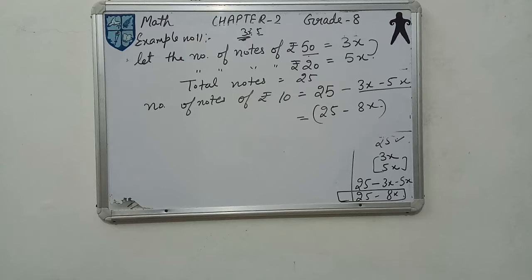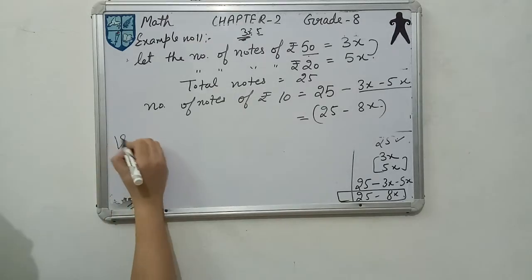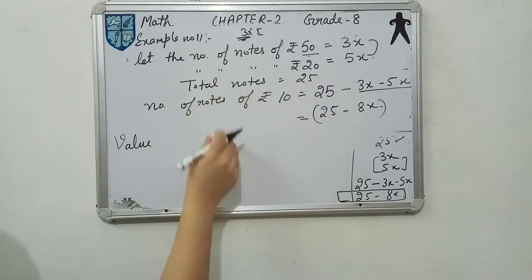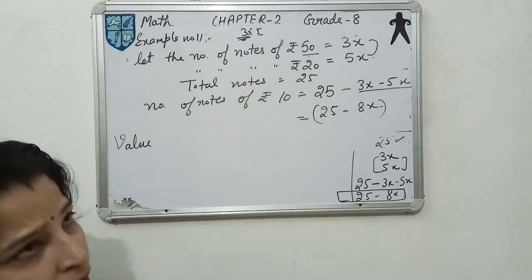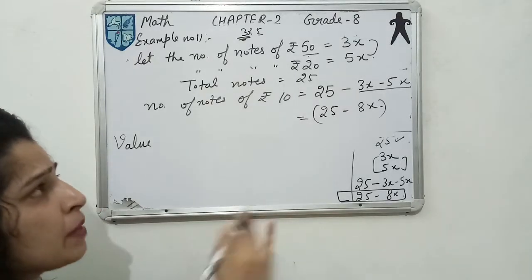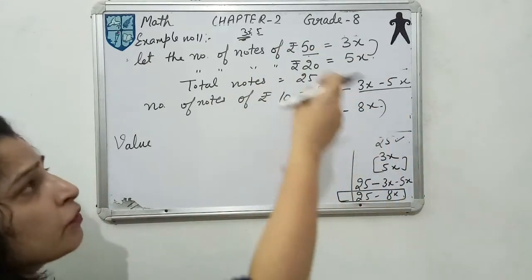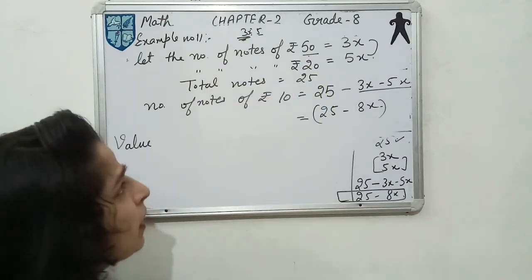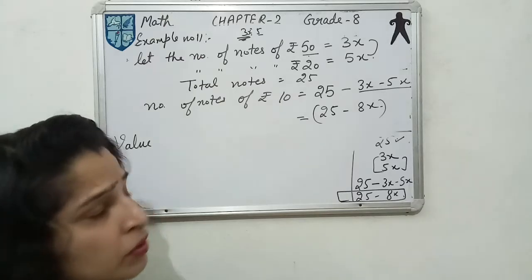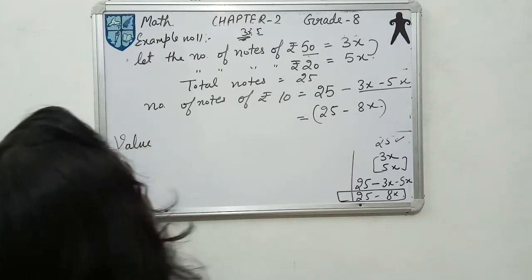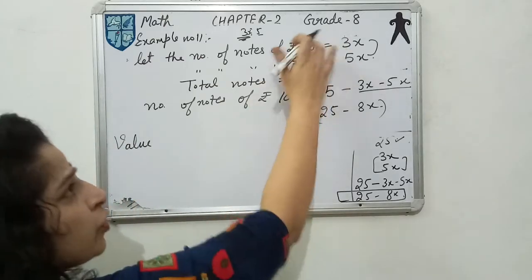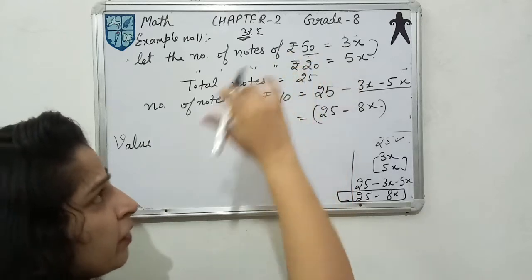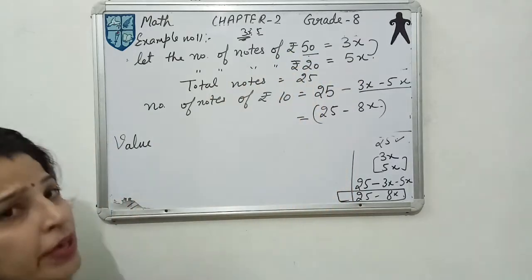Now what you need to find out is the values of these three stacks. Whatever notes you have, you will separate the 50 rupees notes and make a bundle, separate the 20 rupees notes and make a bundle, and the same for 10. From these stacks, you will find out the value of the 50 rupees stack, the value of the 20 rupees stack, and the value of the 10 rupees stack.